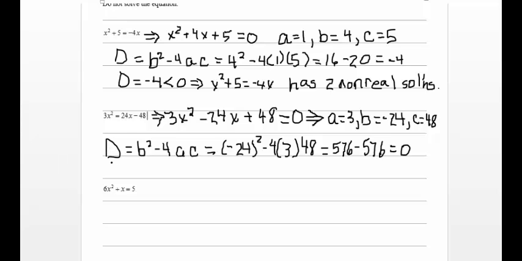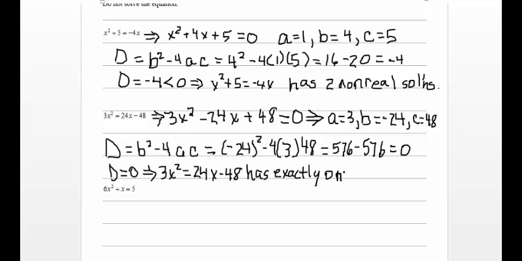So our discriminant is 0, and that tells us that the equation 3x squared equals 24x minus 48 has exactly one real solution. When the discriminant is 0, the equation has exactly one real solution.